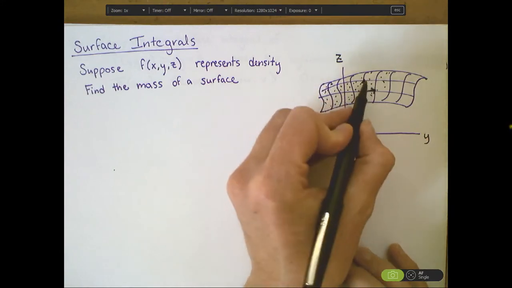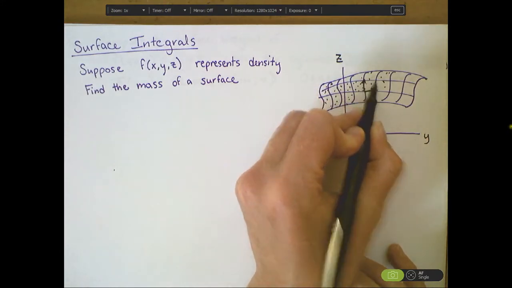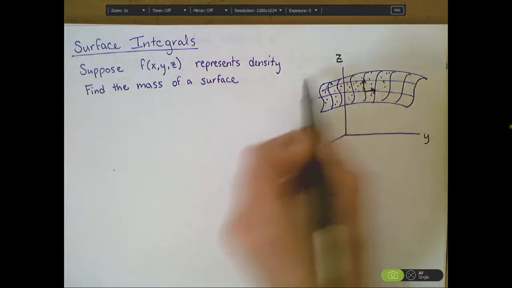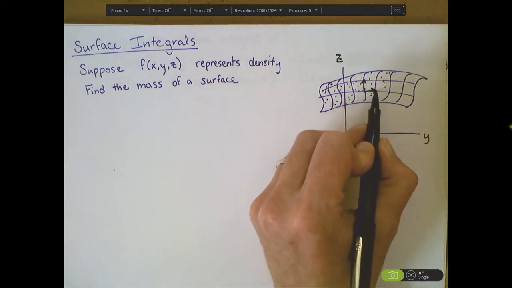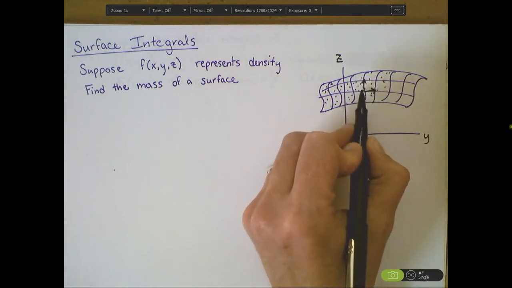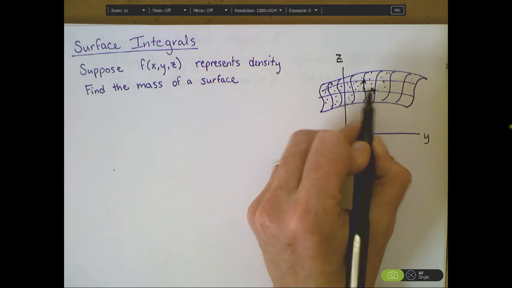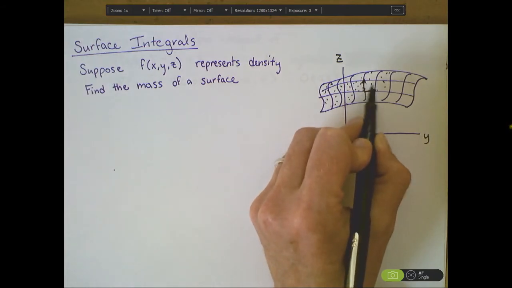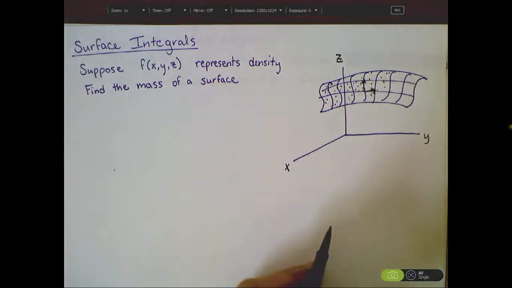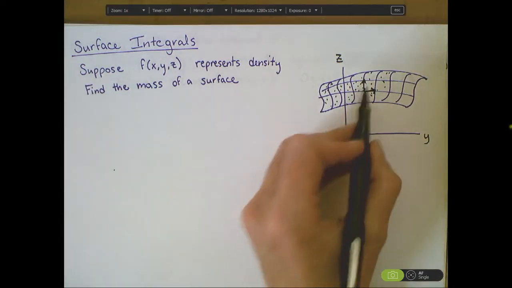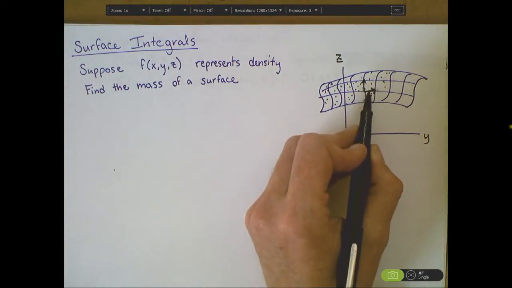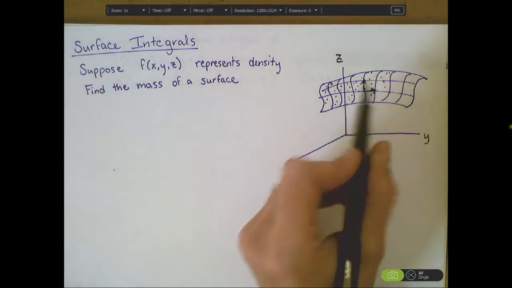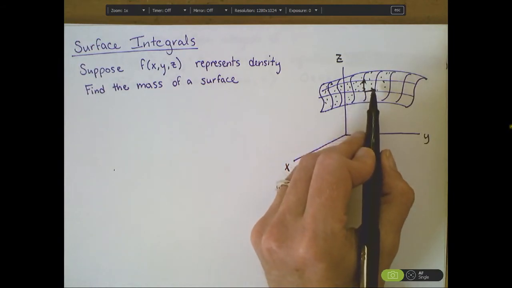What is the mass of one of these tiny little parallelograms? It's going to be the density times the area that the parallelogram is taking up. And if these parallelograms are sufficiently small, the approximation will be sufficiently close to the actual mass.